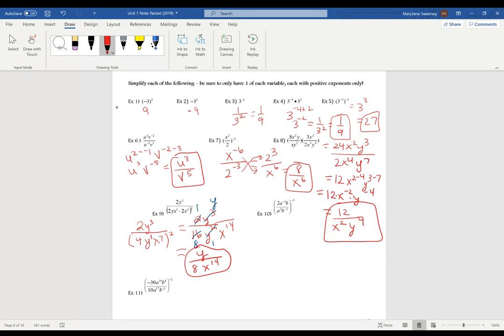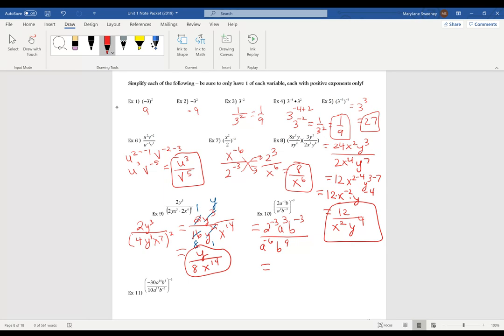All right, next one, 2 is going to actually get raised to the negative 3rd, a to the 3, b to the negative 3, this will be a to the 6th, b to the 9th, or I'm sorry, a to the negative 6th, and then b to the positive 9, right?